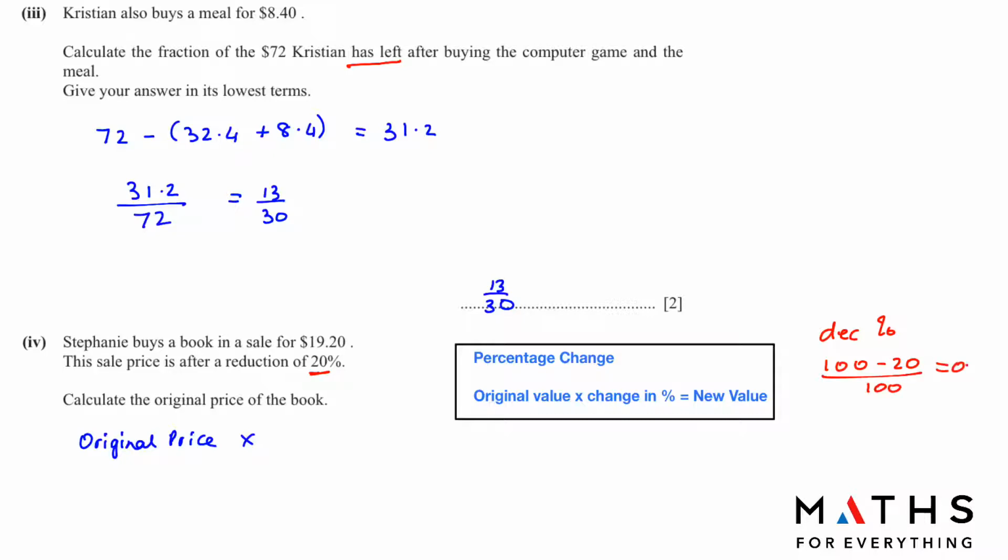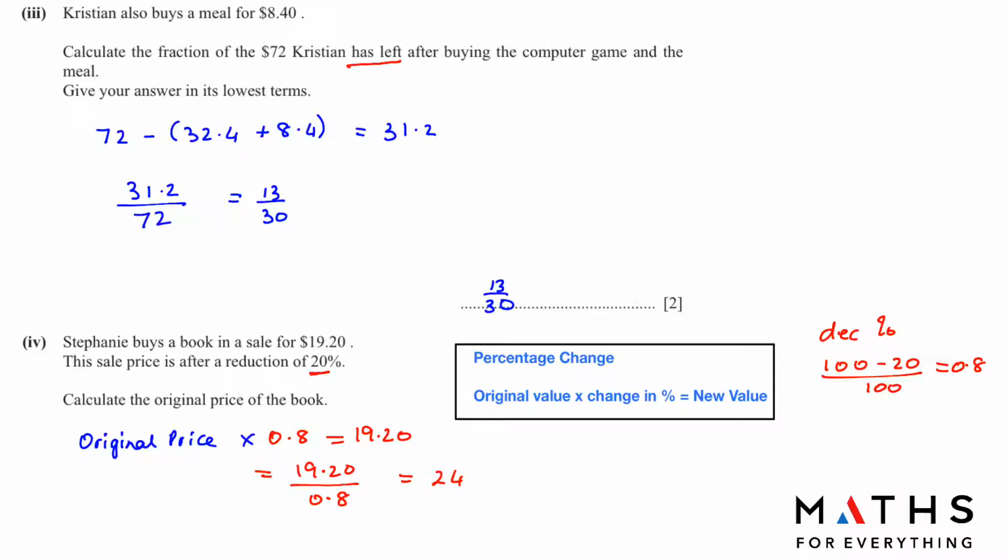You will get 0.8. That is what we are going to multiply here, and this will give us 19.20. So I hope you understood what we need to do now. This is a multiply. When we shift to the other side, it will be a divide. And we got the answer 24. So the answer is $24.